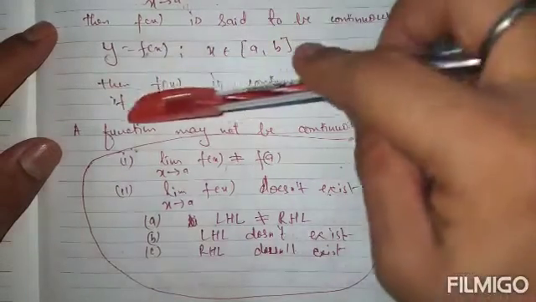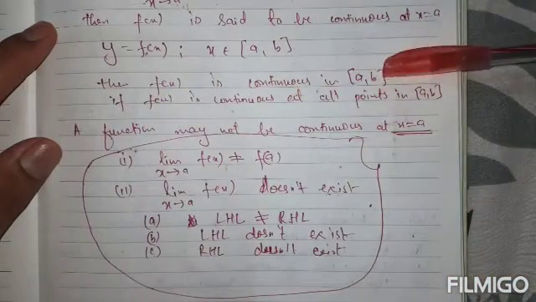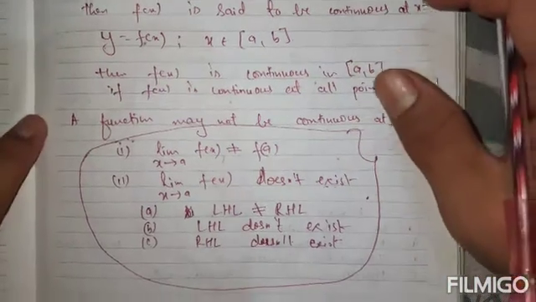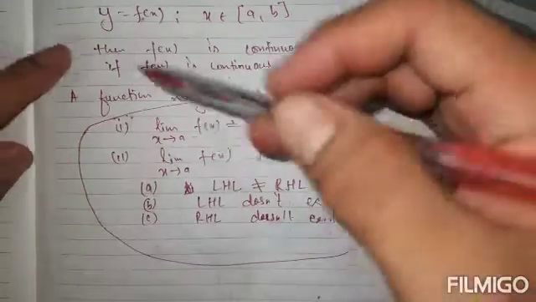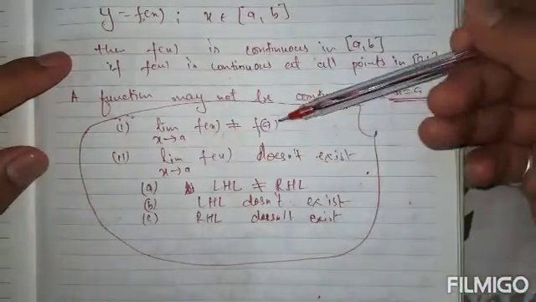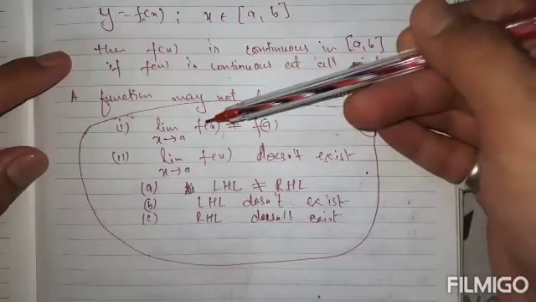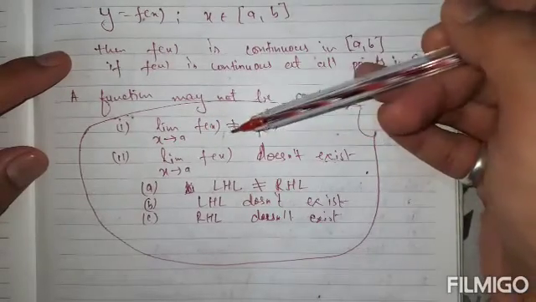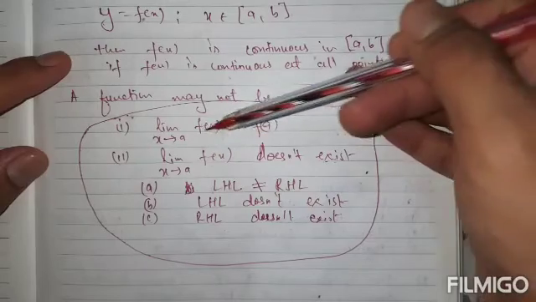Now how to find whether the function is not continuous at some point x equal to a in the given interval? Find the limit of the function as x tends to a, and also find the functional value. If the limit and the functional value are not equal, then we say that the function is not continuous.